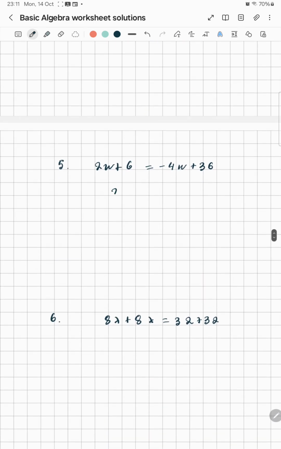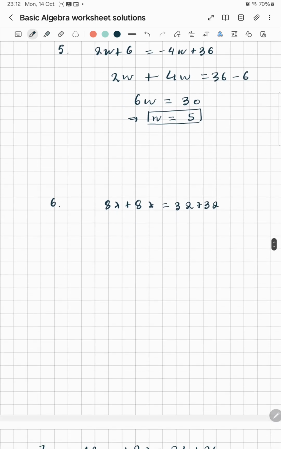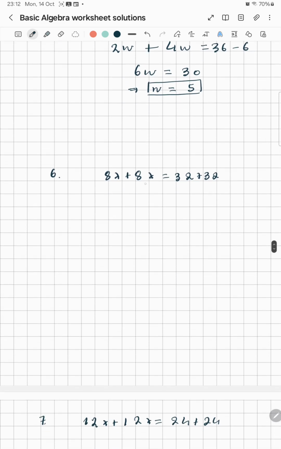Here is a two-sided equation, 2w plus 4w, this term here, equals 36, take away 6. 6w is equal to 30, and we divide by 6, w equals 5. We have 8x plus 8x is 16x equals, the right side is 64.